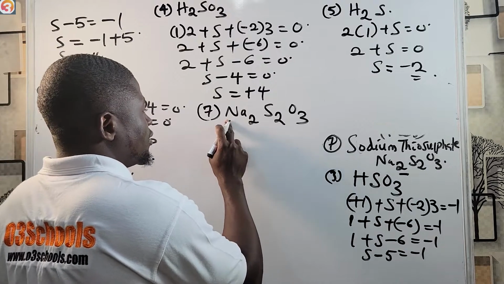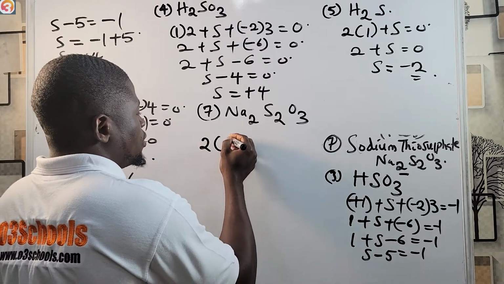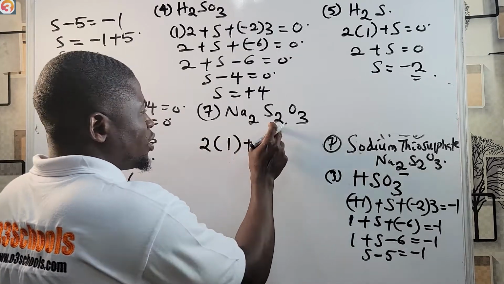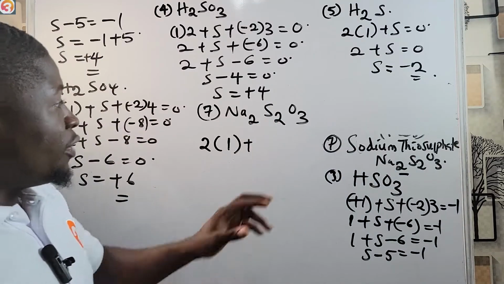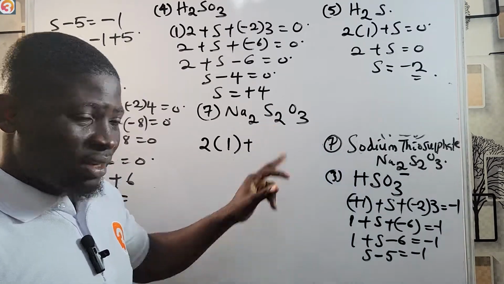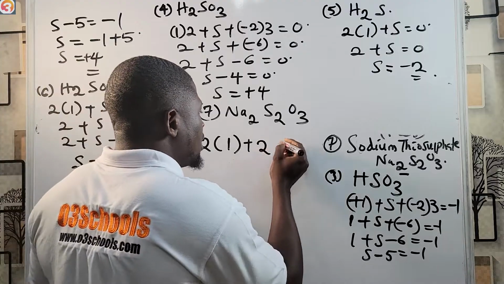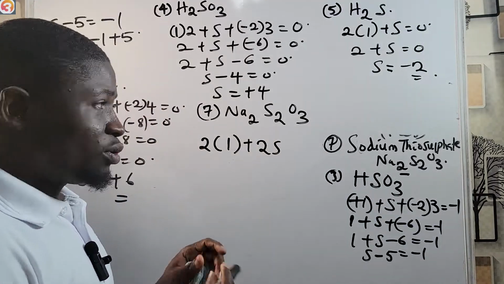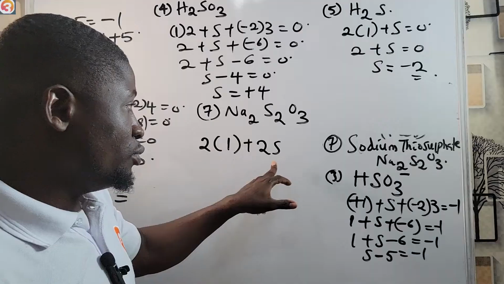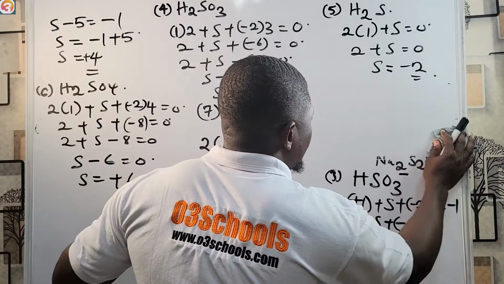We have 2 atoms of sodium here, so we're going to have 2 into 1, then plus sulfur, which is what we're looking for. But there are 2 atoms of sulfur here, so we'll say 2S instead of just S.